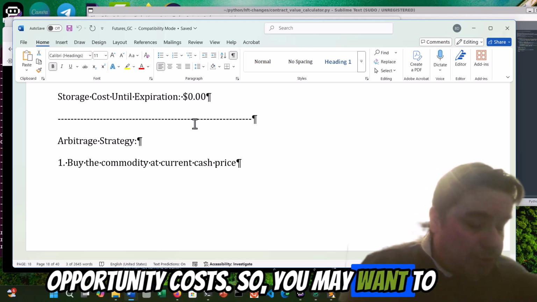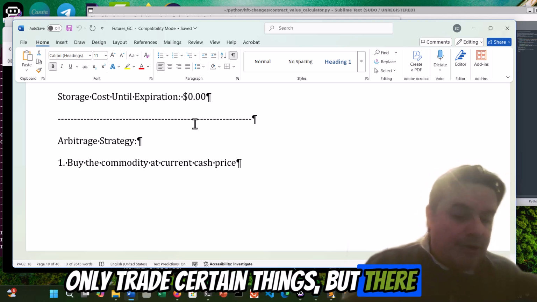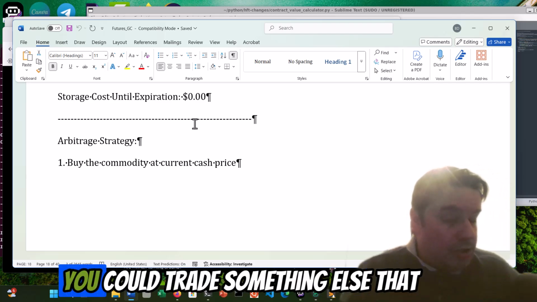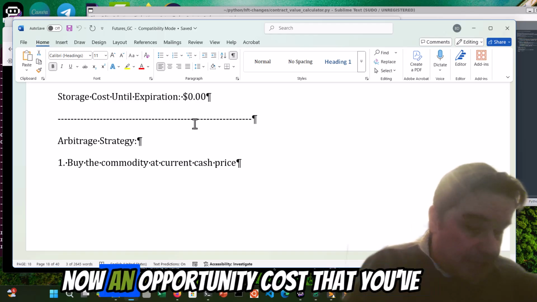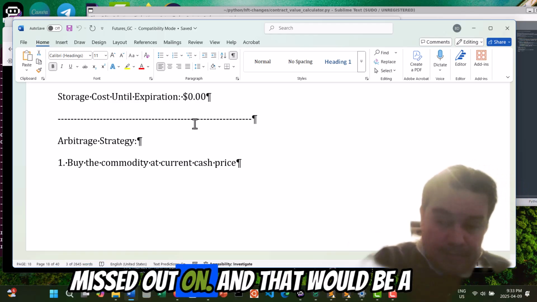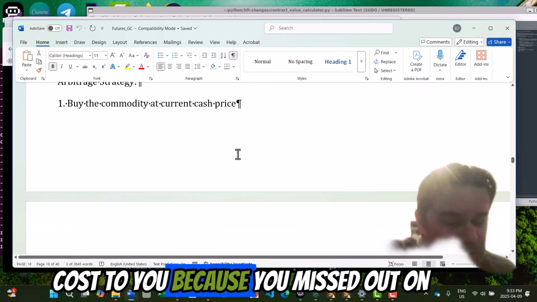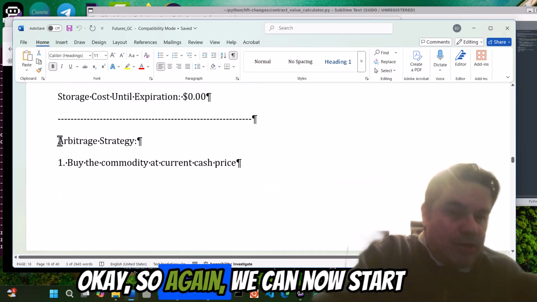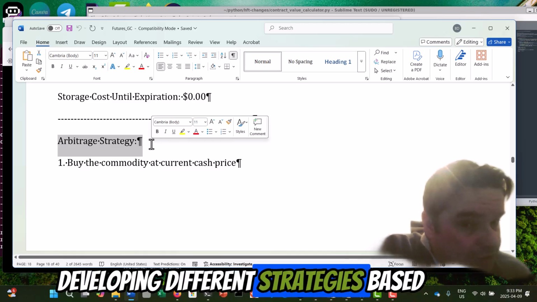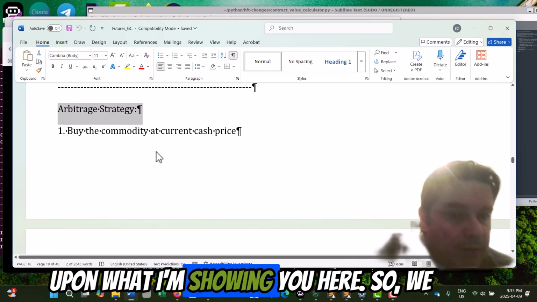You may want to only trade certain things, but there may be something else you could trade that will give you a profit, and that becomes an opportunity cost that you've missed out on, and that would be a cost to you because you missed out on that potential profit.